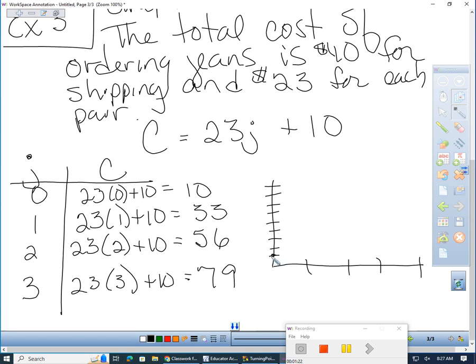So I go 0, 10, I apply here. Next one is at 1, 33. So about right here. 2, 56, 2 and up to 56. And 3 and up to 79. So up here. Now my question is, obviously these make a line.